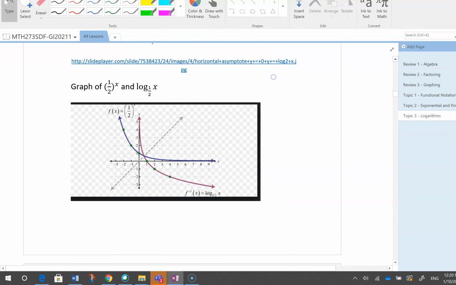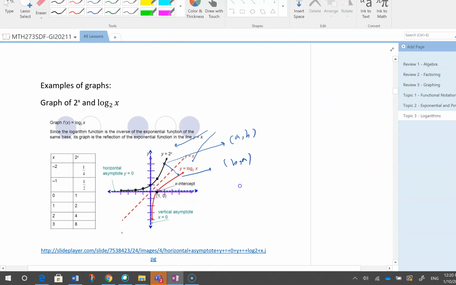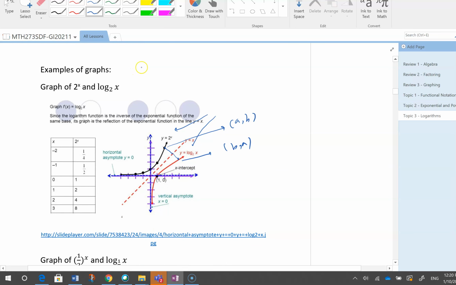How about the graph of 1 over 2 power x and the graph of logarithm x base half? The same. I told you it must be reflection towards this line. Here, 2 power x is y, logarithm of y base 2 is x.